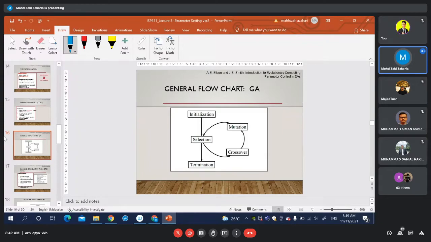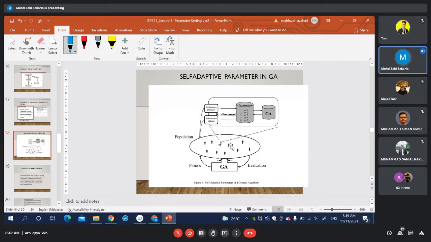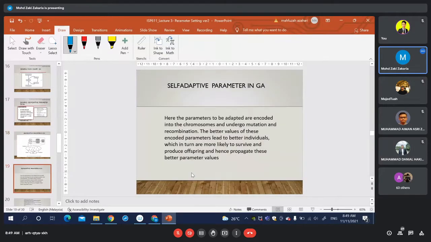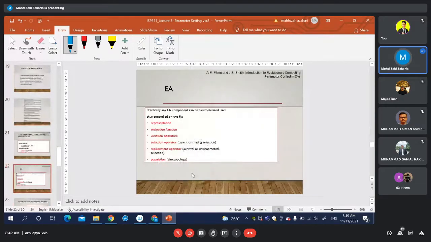Consider the chart. This is the general optimization using GA. This is the adaptive framework, self-adaptive like this.